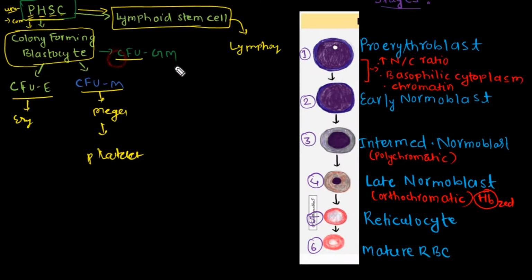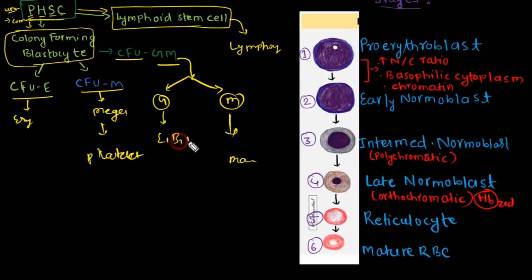Then we have the colony forming unit of granulocyte monocyte, which gives the granulocyte as well as monocyte. Monocyte later converts into macrophages, whereas granulocyte gives eosinophils, basophils and neutrophils.